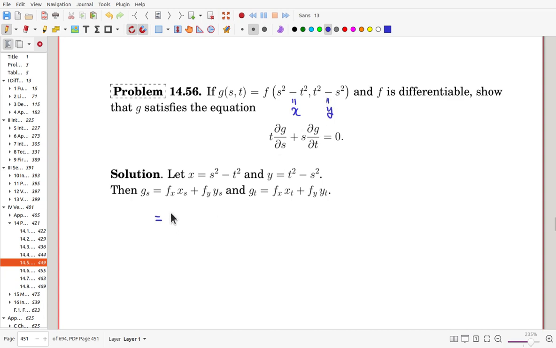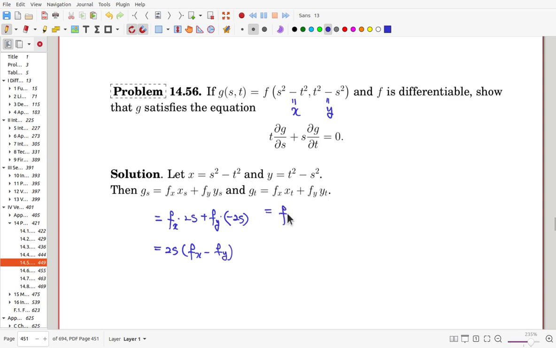We don't know f sub x, so we use f sub x symbolically. The x s derivative is now 2s, and plus f sub y, which is not given explicitly, and the y s derivative, that is minus 2s. So that is 2s times f sub x minus f sub y. It's simplified. How about the t derivative?